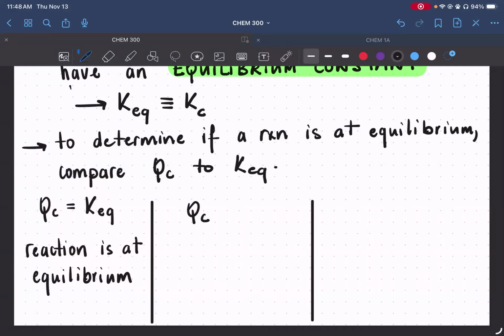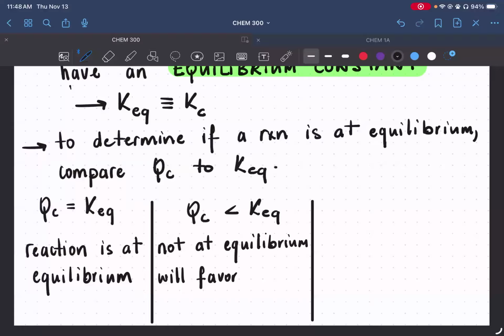If the reaction quotient is less than the equilibrium constant, then you are not at equilibrium. And what you will do is you will favor the products to establish equilibrium.